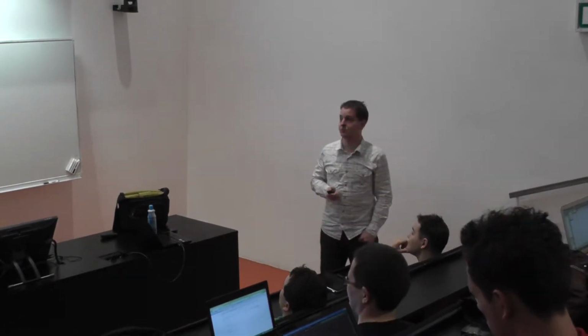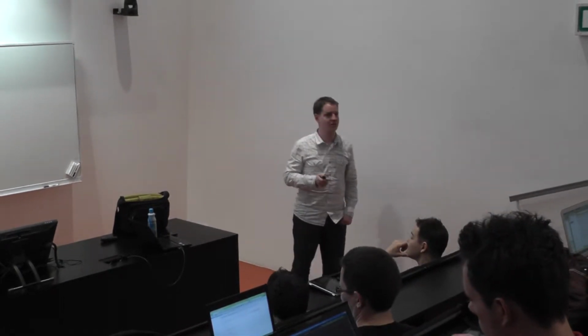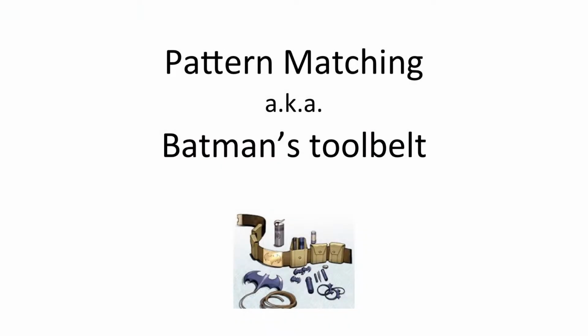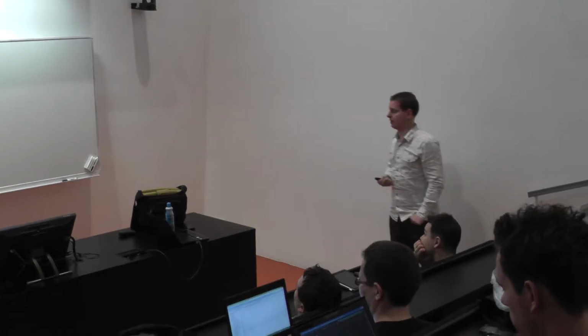The match expression, pattern matching, is much more than that. It's rather Batman's tool belt. There are a lot of tools you may use, not just for matching against constants, because in a switch statement in Java you may use only literals of primitive types, the enumerations, and newly in Java 7 also strings. With a match expression you may use much more than that.